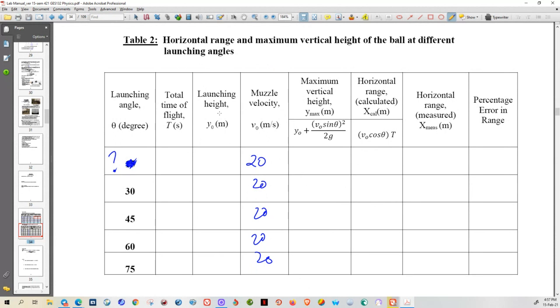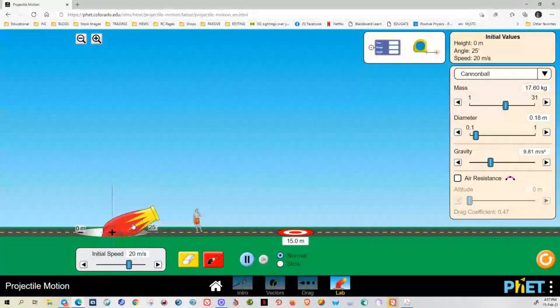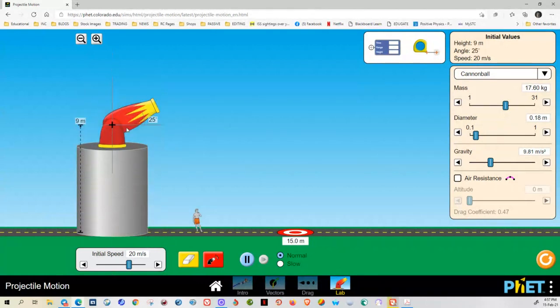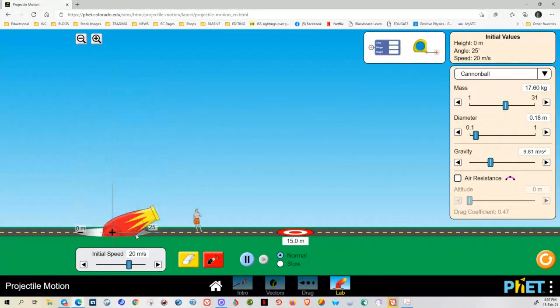What else? What about the launching height? Well, we can adjust the launching height of our simulator. So simply, you take this plus sign and you move it up. There. Is there an effect of the launching height of our projectile? Okay. Well, there is.